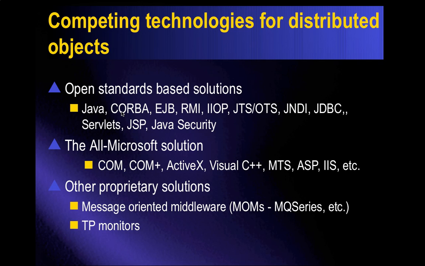CORBA does everything Java EE does. Enterprise Java Beans does everything. There's overlap, in fact, between the Enterprise Beans servlet concept and RMI. You can use them all together. So this entire list here, JNI, JDBC, servlets, Java Security, all fall into the same category. They're all solutions that provide different features, and at this point all of them are pretty much providing the same features.